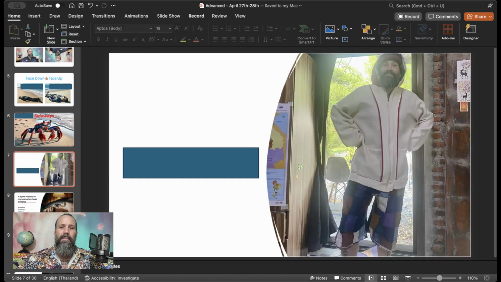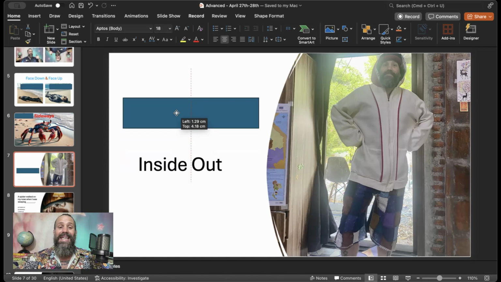And what about me right here? My clothes, if you look at them, they are what? They are inside out. And what is the opposite of inside out? It's not really outside in, is it? Because inside out and outside in are actually the same thing. If the inside is on the outside is on the inside. So you could say right side in or right side out, I suppose.